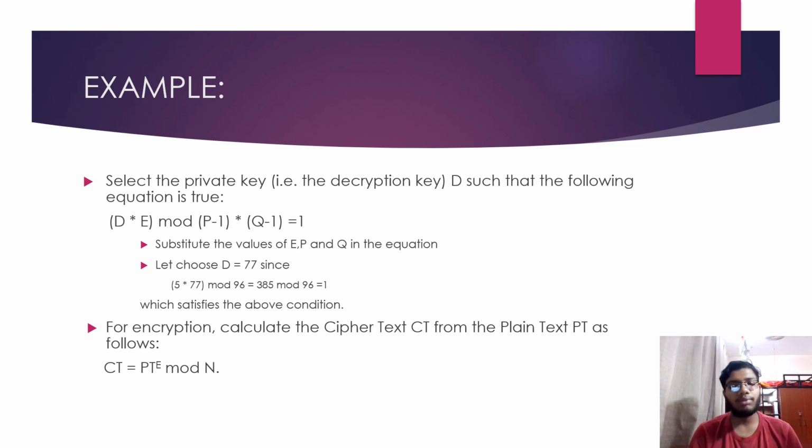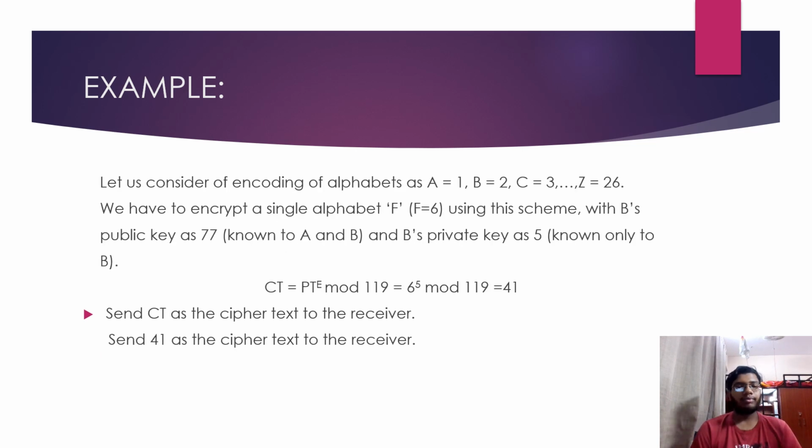For encryption, we calculate the ciphertext CT from the plaintext PT as follows: CT is equal to PT to the power E mod n. Now let us consider encoding of alphabets such as A is equal to 1, B is equal to 2, C is equal to 3, up till Z is equal to 26.